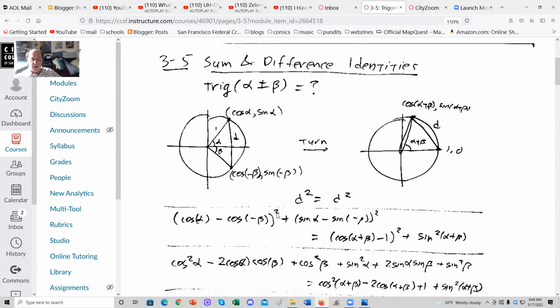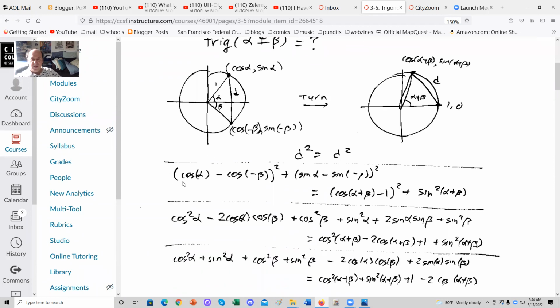So we now have an equation. It's an identity, and we'll simplify it down to the cosine of a sum. So, the left side first: cosine negative beta is just cos beta. Square of a difference is square minus twice product plus square. Cos squared alpha minus 2 cos alpha cos beta plus cos squared beta.